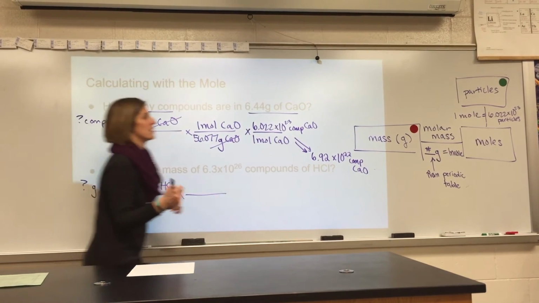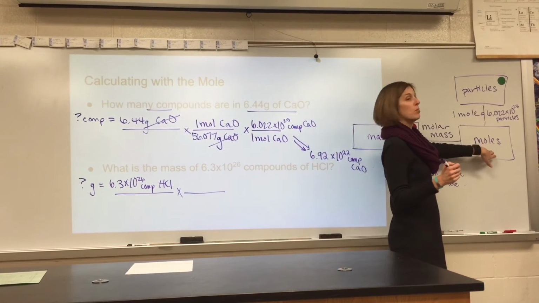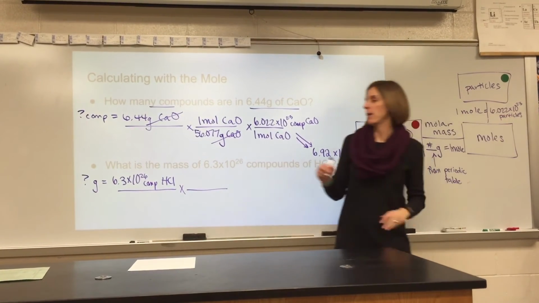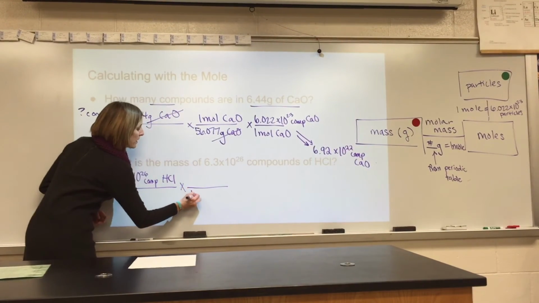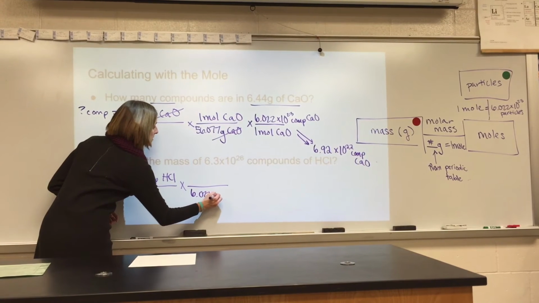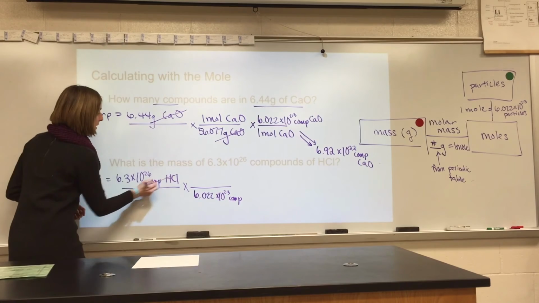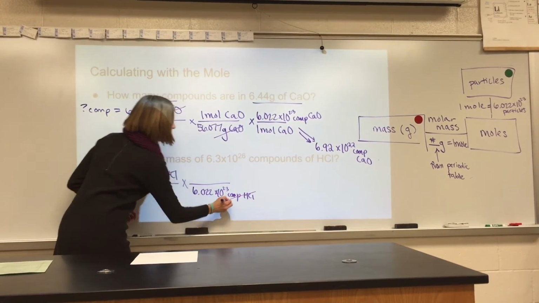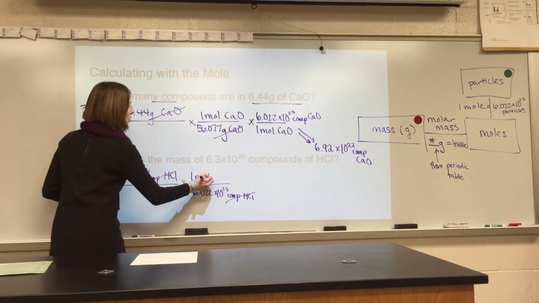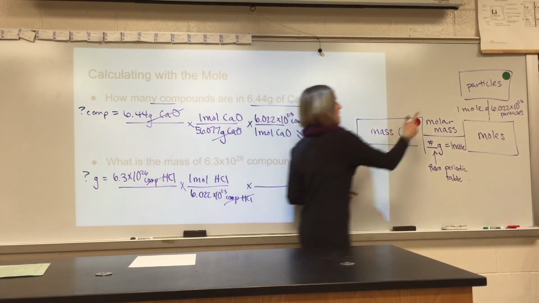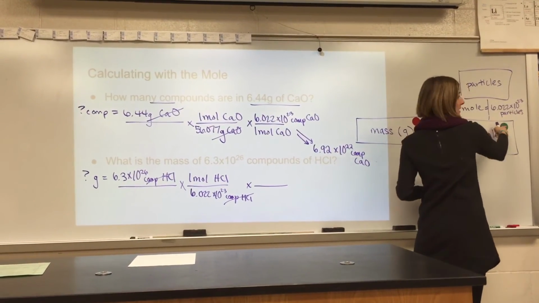So in this case, since I'm starting at particles and going to moles, my Avogadro's number is going to be the first thing I use, and that's going to go on the bottom of my first conversion. So my 6.022 times 10 to the 23rd compounds will go on the bottom, so my units cancel, and my 1 mole of HCl will go on top. By doing that math, I've gotten myself out of the particle box into the mole box.